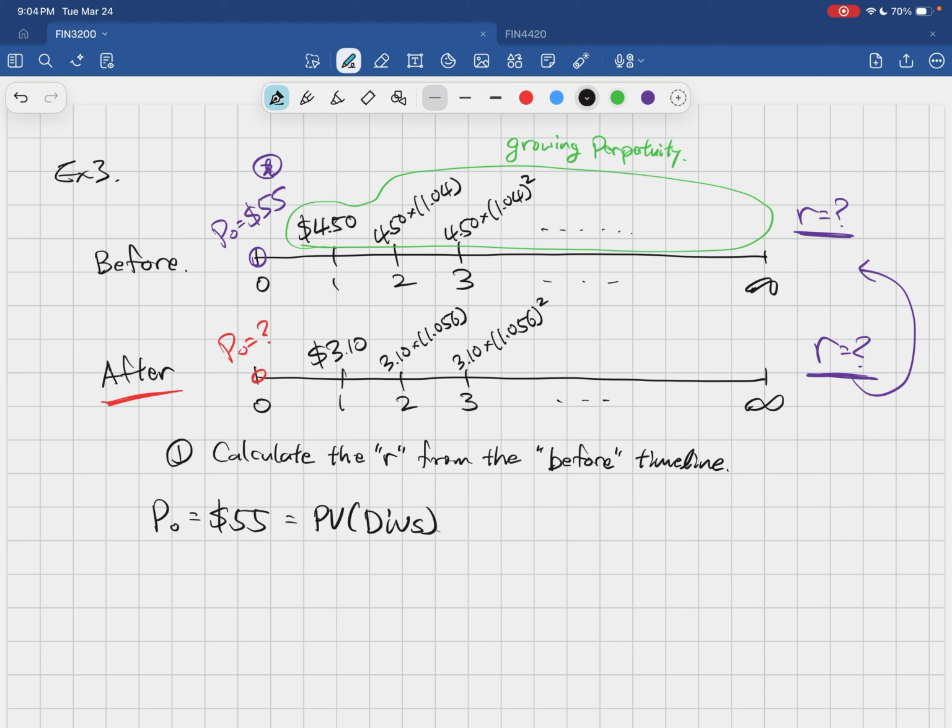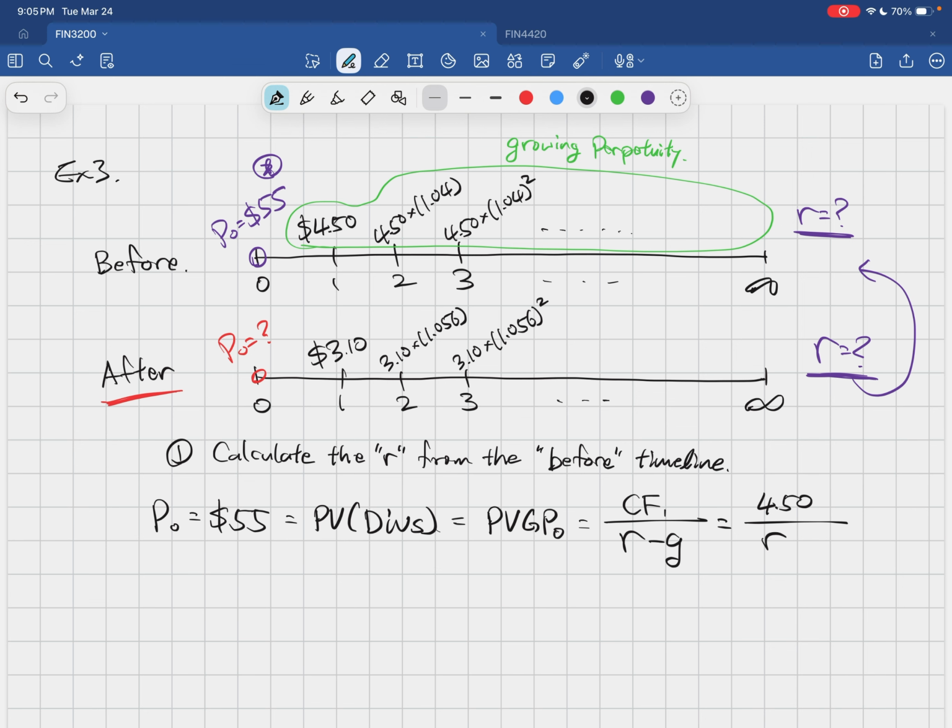So for the present value of the dividends we can use the PVGP formula, present value of a growing perpetuity, right? The formula for a growing perpetuity, PVGP, is cash flow 1. In this case, the first cash flow occurs in year 1, so there's no additional step. We immediately get the value as of time 0, over R minus G. So the first cash flow is 4.5.